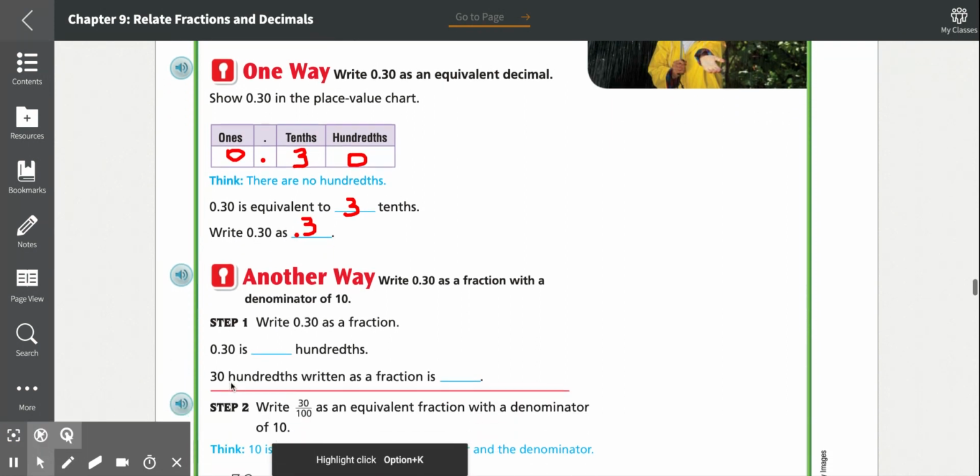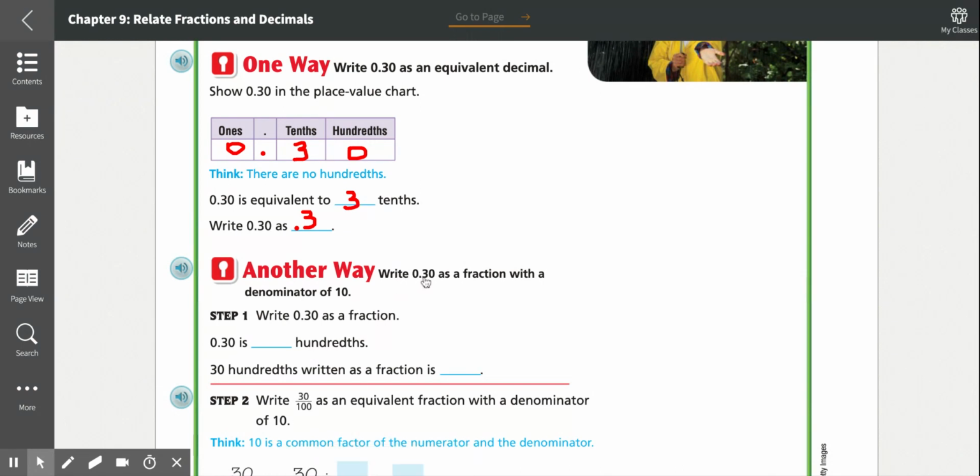There is also one more way to do this. Write 30 hundredths as a fraction with a denominator of 10.